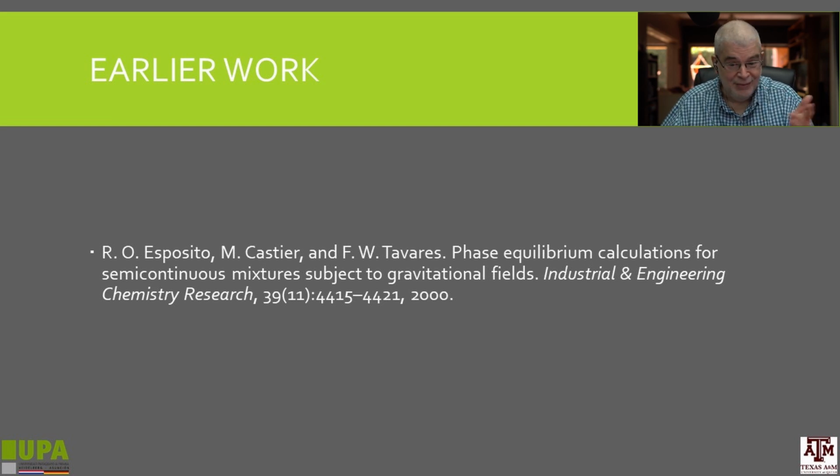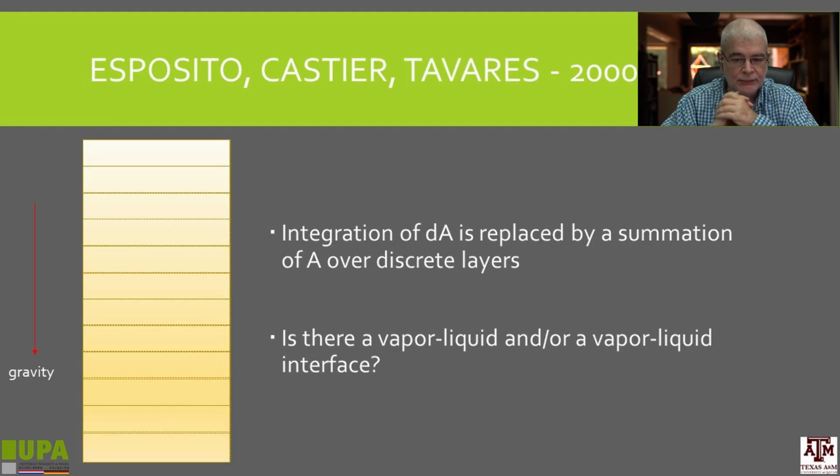And then he became a very well-known specialist in this topic. But at that time, we wanted to do an isothermal calculation, and the way we did it was a TVN flash, with the effect of gravity.